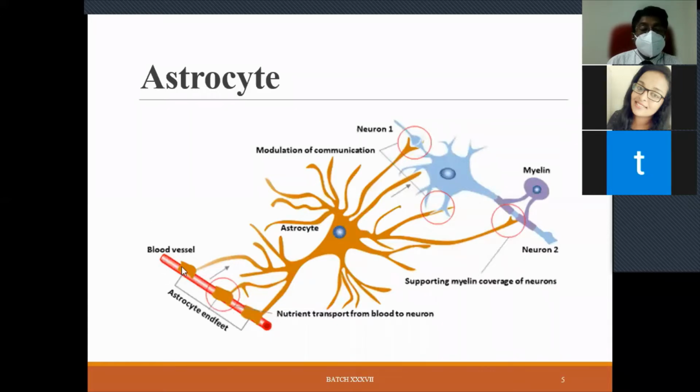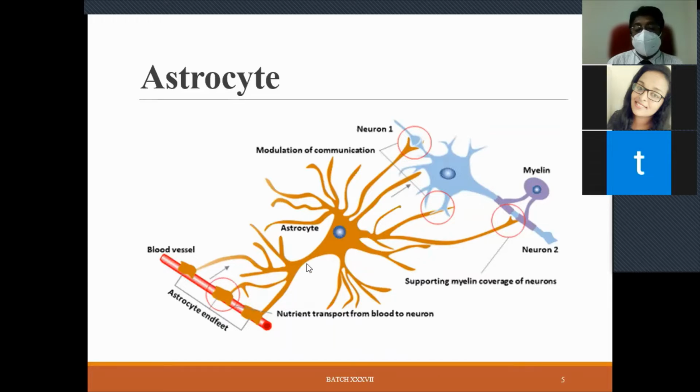Now here is a blood vessel, and the vessel wall is covered with the astrocytes and feet, right? And then the nutrition comes into the brain.